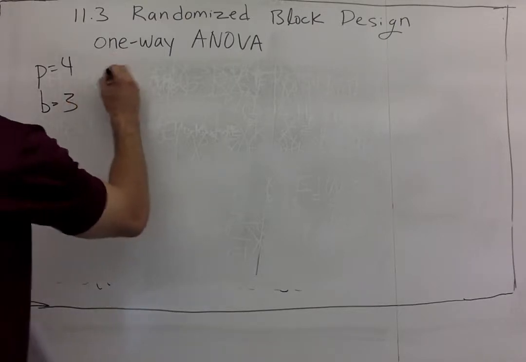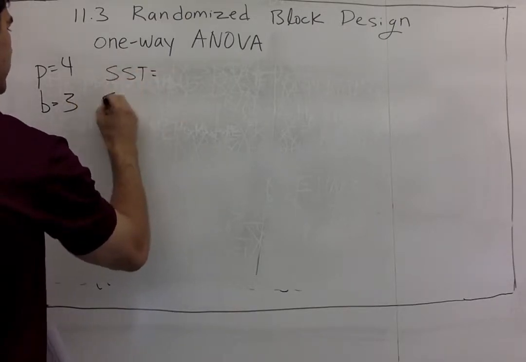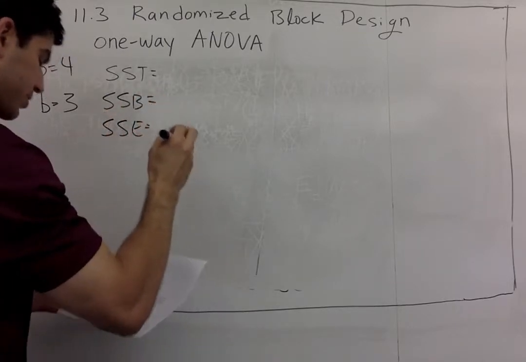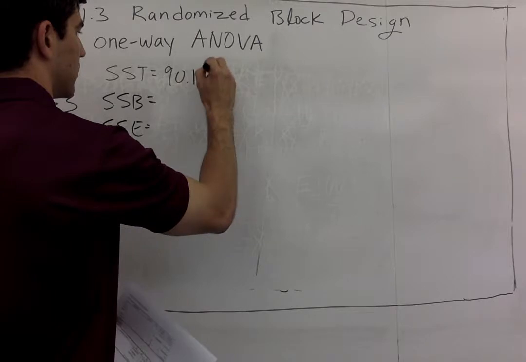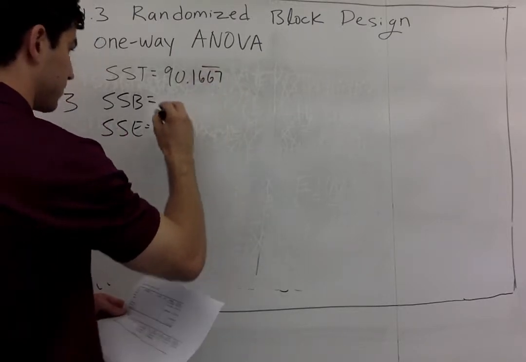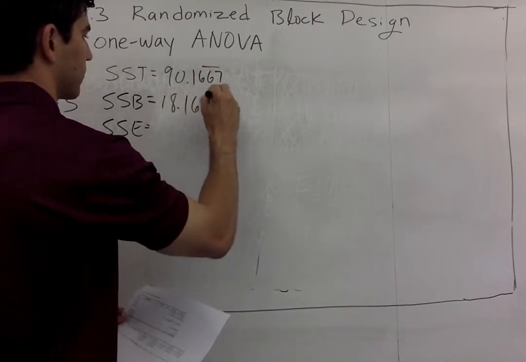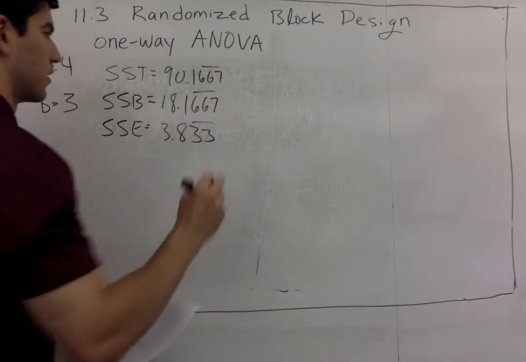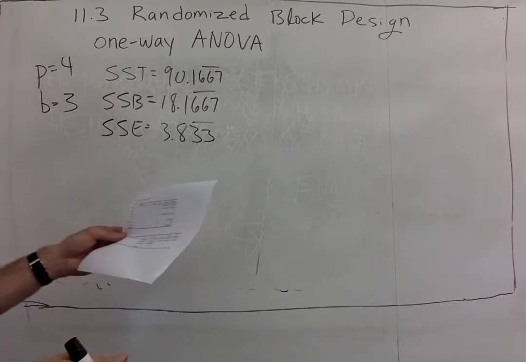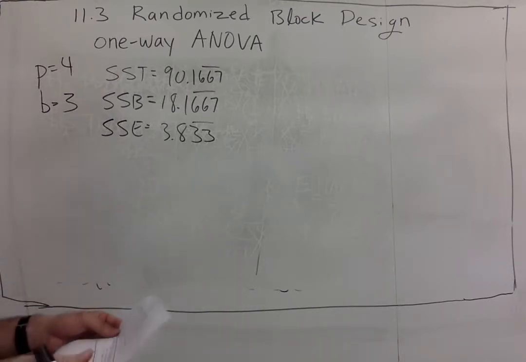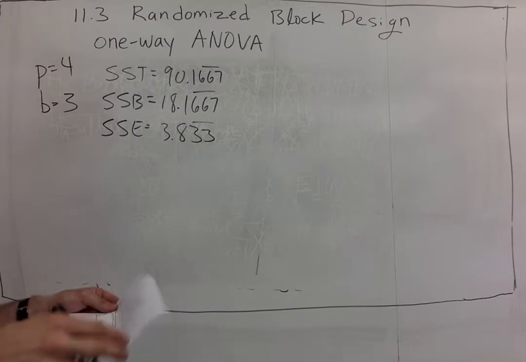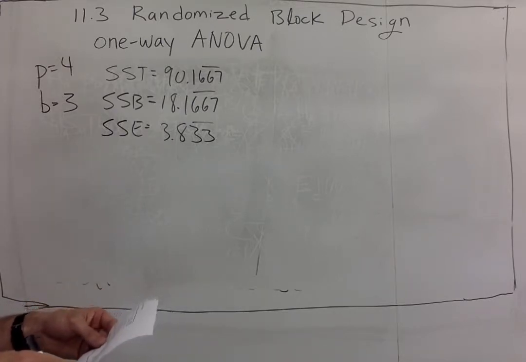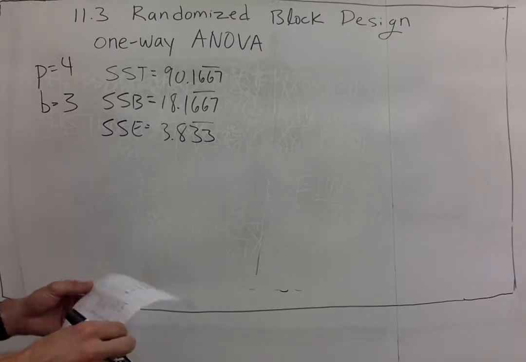So we have SST, SSB, SSE, all in our table. If you add them up, you'll get the total variation. The next column gives you the degrees of freedom. So 3 is P minus 1, columns is B minus 1, and then B minus 1 times P minus 1 is the 6.